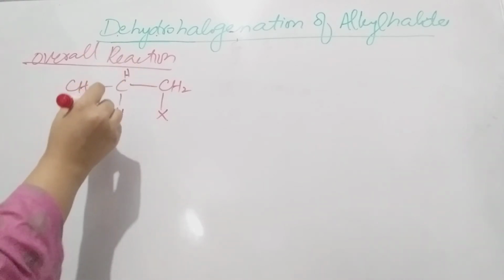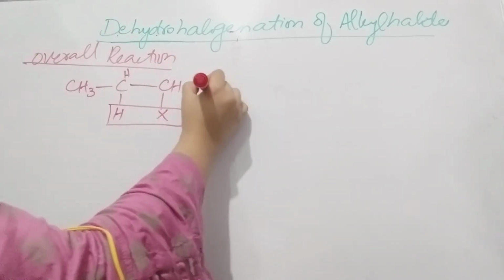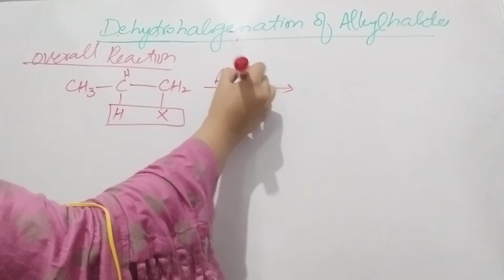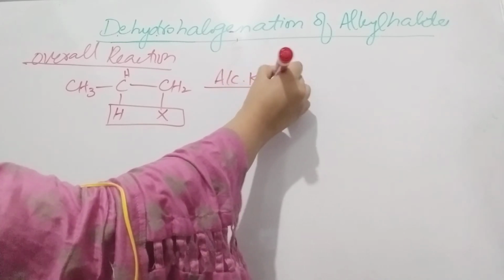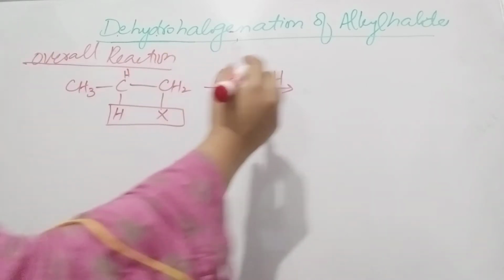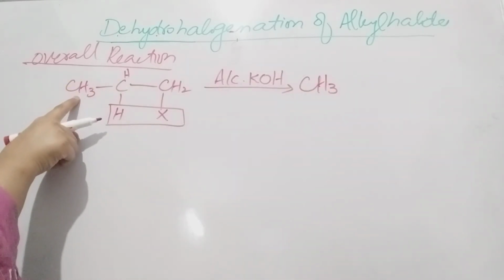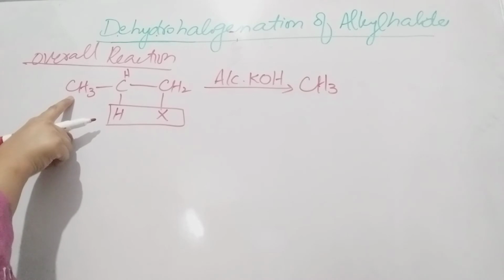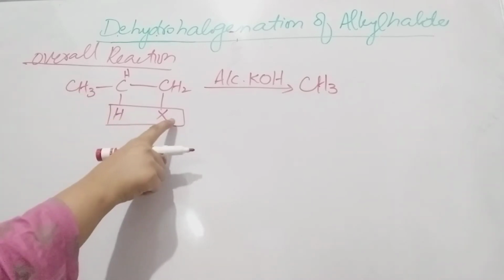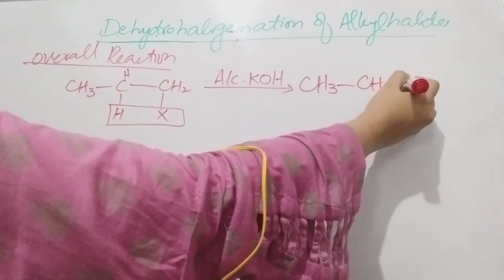We are going to remove hydrogen and halogen, and these should be removed from consecutive positions, and for this purpose we will use alcoholic potassium hydroxide. Why will we use alcoholic potassium hydroxide? I will tell you in the mechanism. It will result in the formation of this alkene. This part will remain intact because no halogen is attached here, and hydrogen and halogen get removed from these carbon atoms.